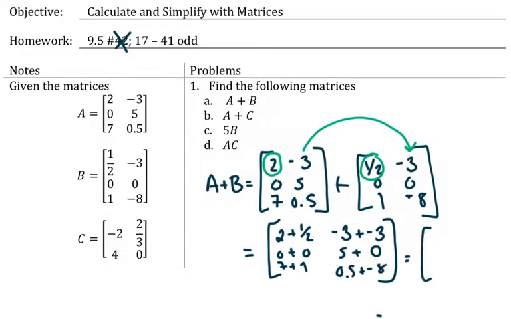So with our final answer, I think I wrote it as a decimal in the answer here, 2.5, negative 6, 0, 5, 8, negative 7.5. So it works the way you kind of think it should.